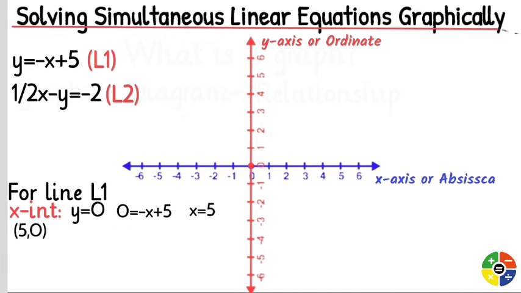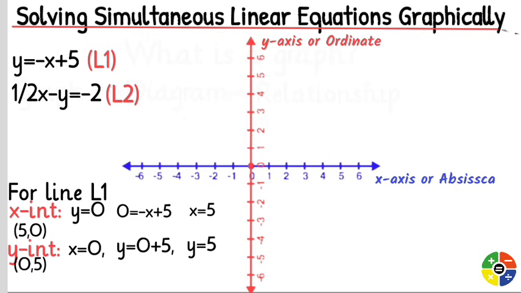Now, solving for the y-intercept, we substitute x = 0, and so we have y = 0 + 5, which is equal to 5. So the point (0, 5) is the y-intercept. Therefore, the points (5, 0) and (0, 5) are 2 points on line L1.